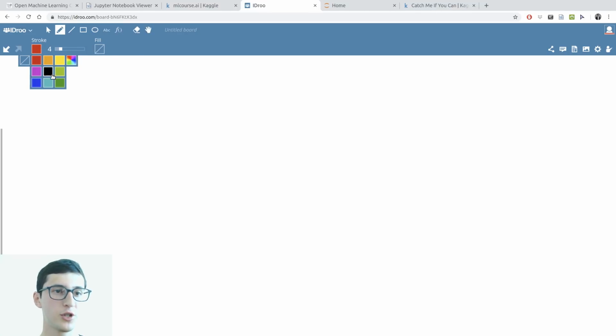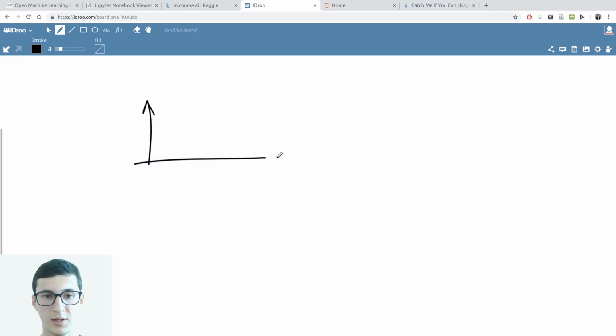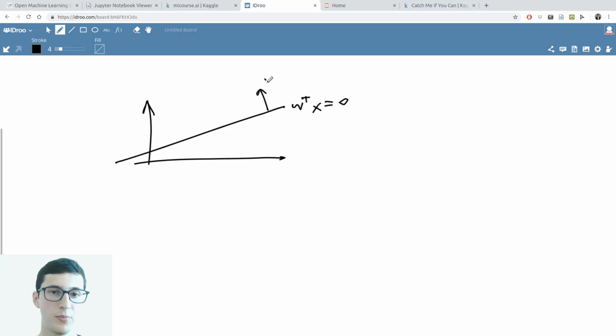The idea of margin is very important in machine learning. So let's take a look at it. Okay, so we separate the space by a hyperplane, w transposed x equals 0, and here we predict plus, and in this semi-space we predict minus. Let's take a look at several possibilities, how we classify instances from our training set.